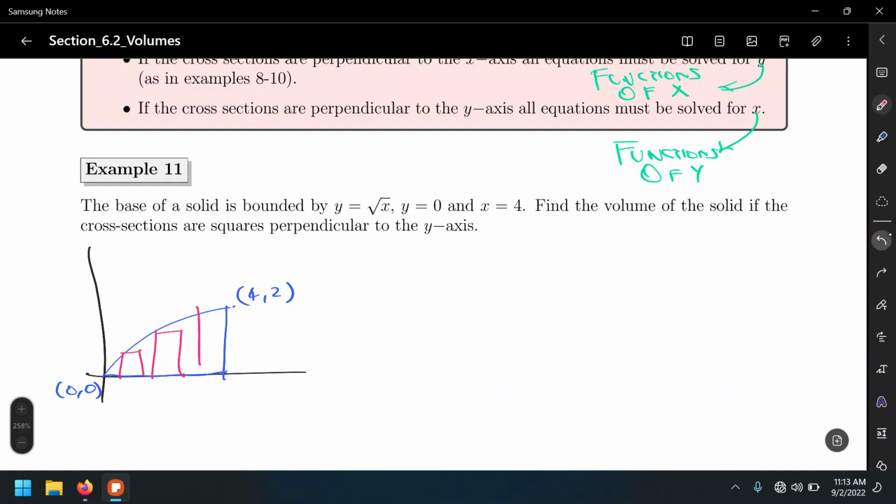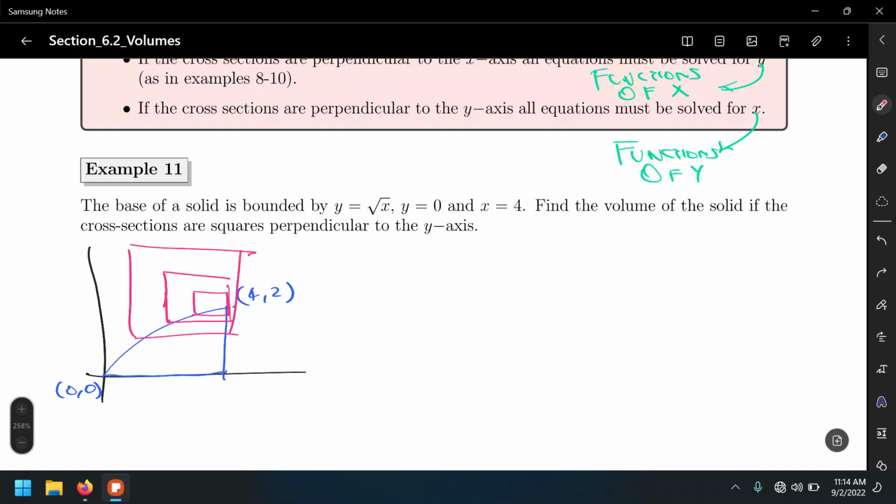So let me go back. In this case, I'm going to do squares that are rather perpendicular to the y-axis. So what is this going to mean?